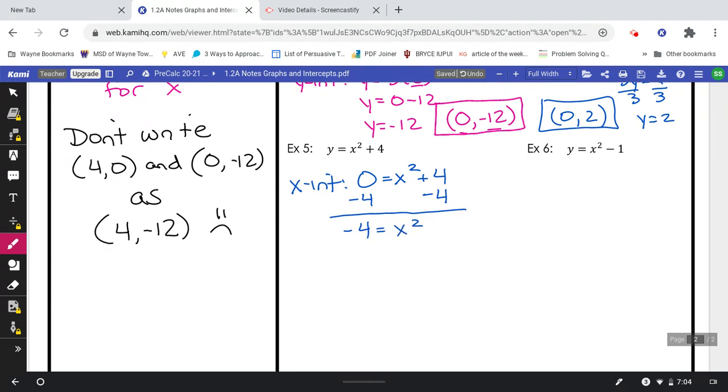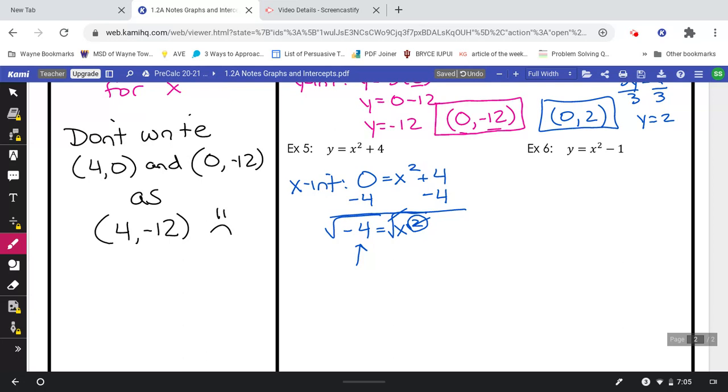And then we come to this part right here. If you remember, in order to get rid of a square, you are going to need to square root. So in order to get rid of this square right here, you're going to have to square root both sides. And the square root and the square will cancel each other out. The thing about this is, you actually cannot take the square root of a negative. Square rooting is asking what number times itself will get you that number.